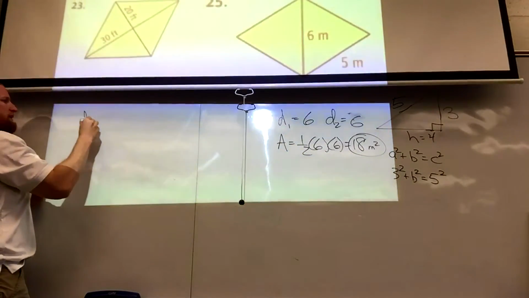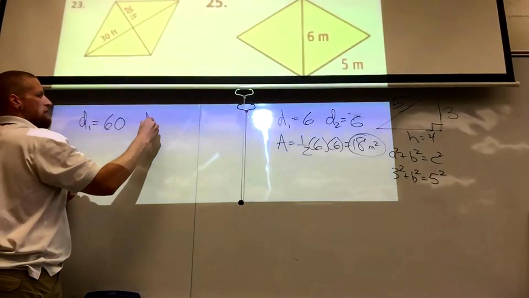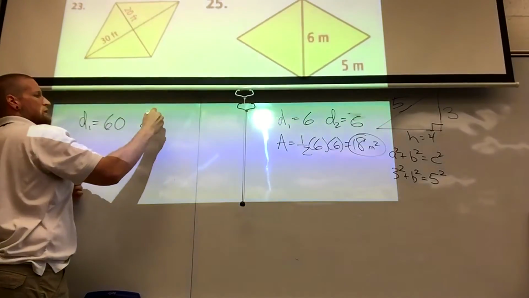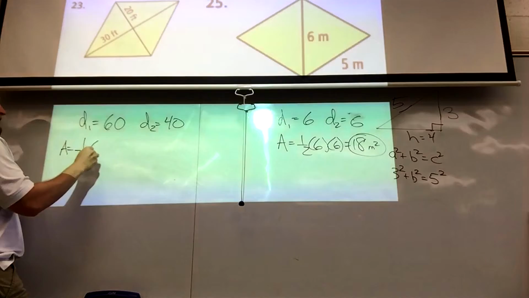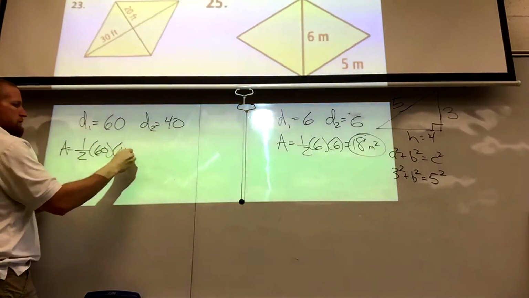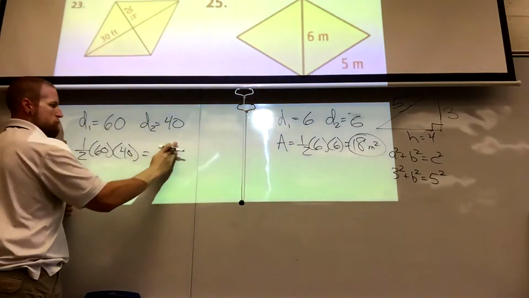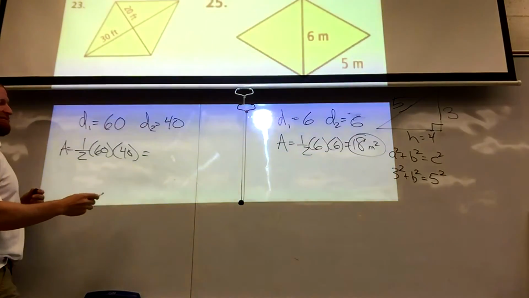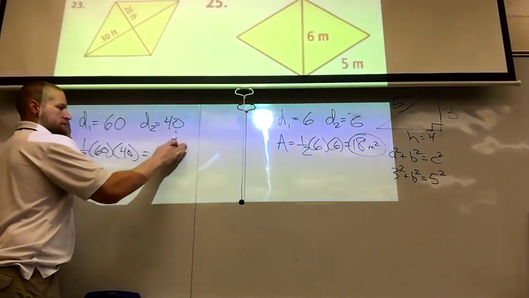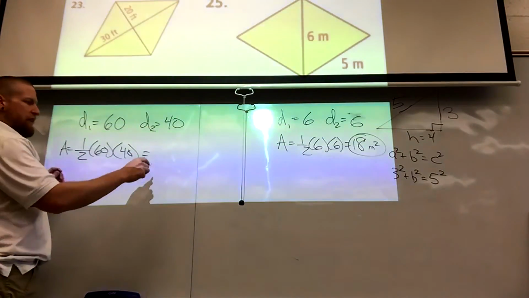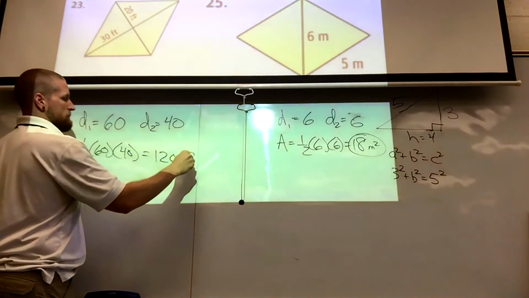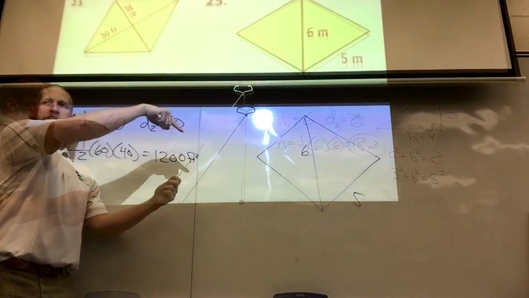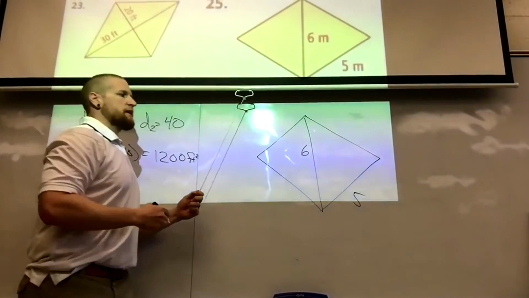So I know one of the diagonals is 60 and the other one would be 20 and 20, which is 40. So the area would just be 1/2 of 60 times 40, which is, was it 1,200? Well, half of that, 12. Oh, no, I added. 60 times 40.